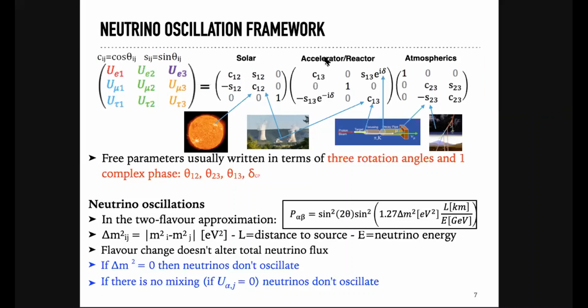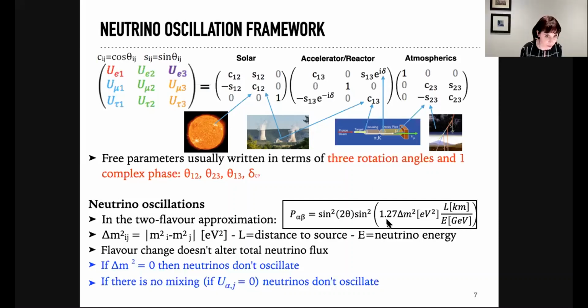So it depends on these parameters. Now this is a specific equation because it assumes just a 2x2 matrix. And why is that? Because it's the easiest one I can write. But to highlight that there is a dependence between when the neutrinos are generated and when you observe them, that's the major thing.